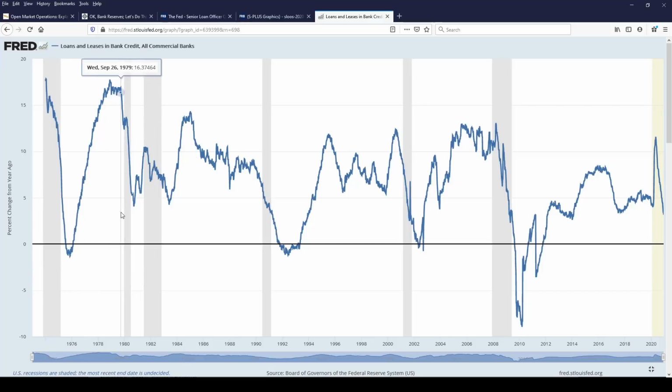But you can see very consistently that there is a contraction in credit. So it's decelerating here and then contracts, decelerating, contracts. Major deceleration in the great financial crisis. And here we see again this major deceleration in all loans and leases. Now this covers residential real estate, commercial and industrial loans, and even consumer loans.